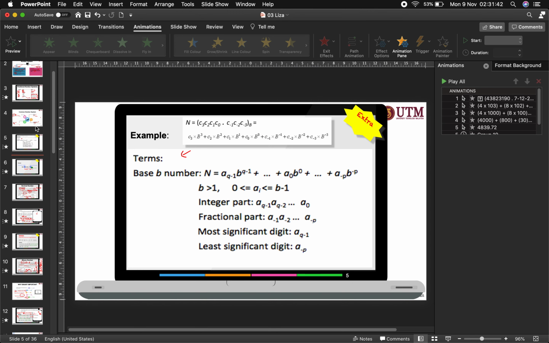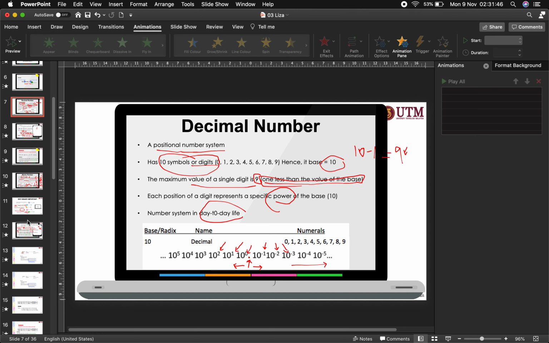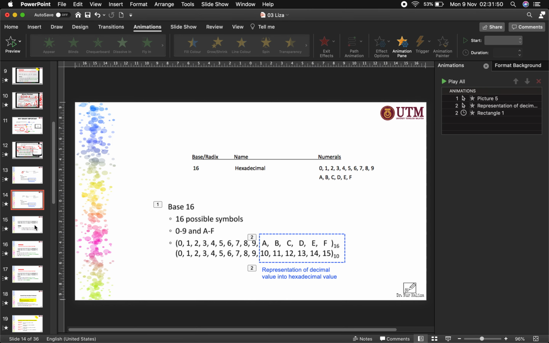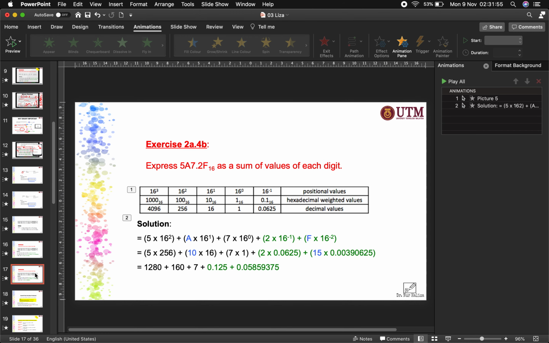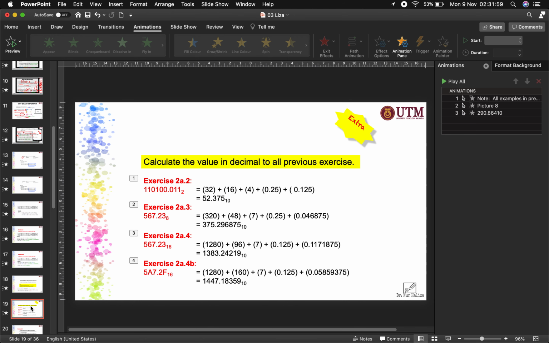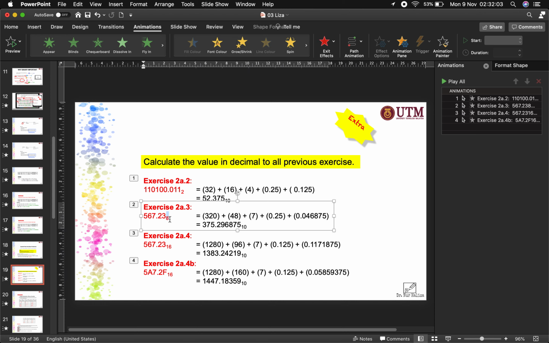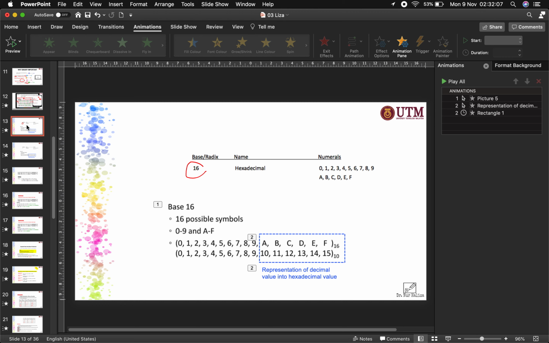I think I messed up my slides already, but it's okay. So over here, maybe we can just focus on hexadecimal first. Later on, I will show you the octal. Octal is basically base 8, but it is a simple one. After this, I will show you base 8.